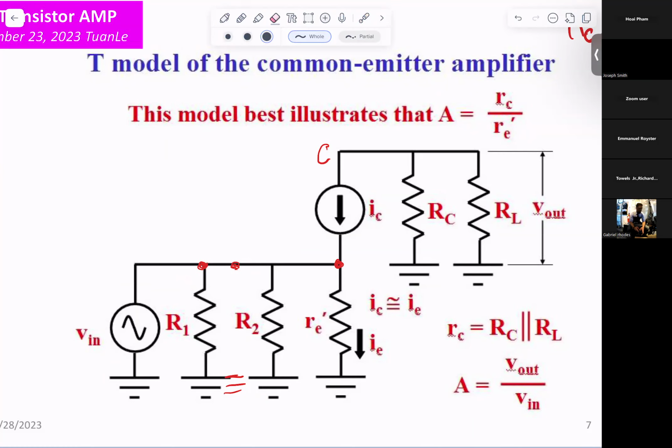First thing, you get a sine wave here. Input applied to the base, and output from the collector. They're telling you common emitter.